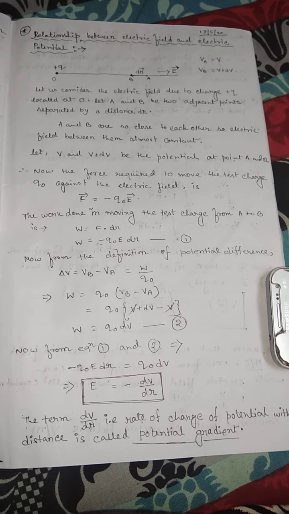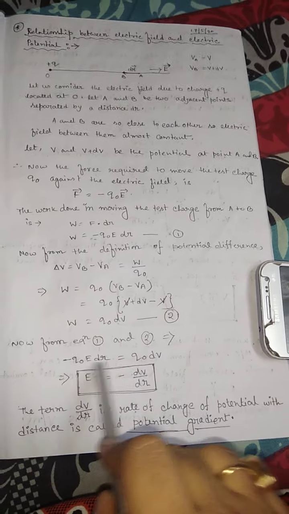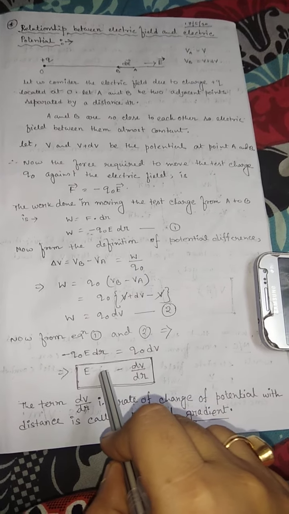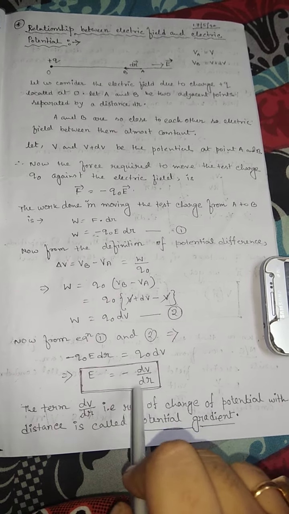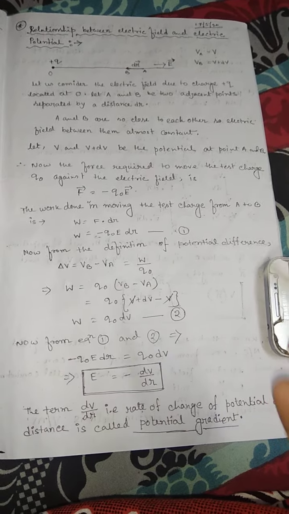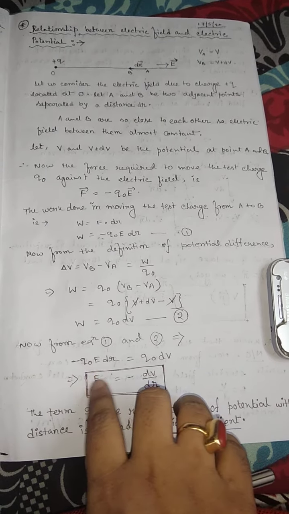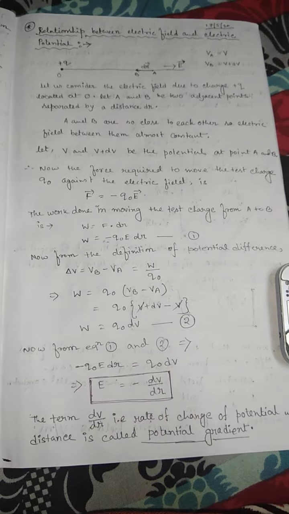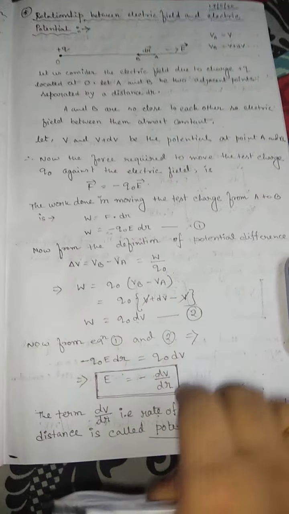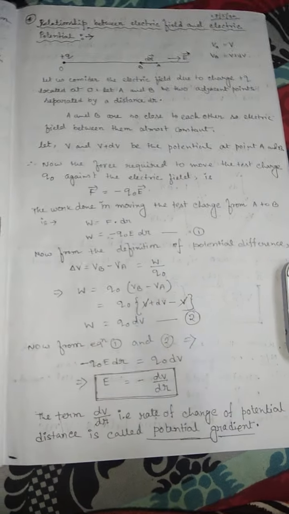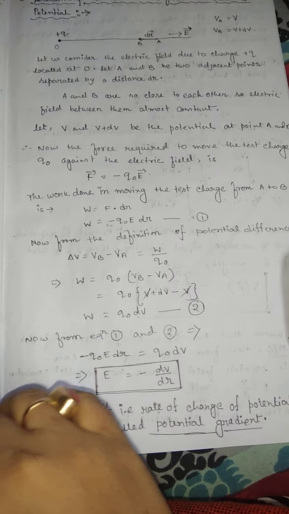From this expression we conclude that the electric field and the potential gradient are in opposite directions, or the electric field is in the direction of decreasing potential, because minus dV by dr means the potential is decreasing.